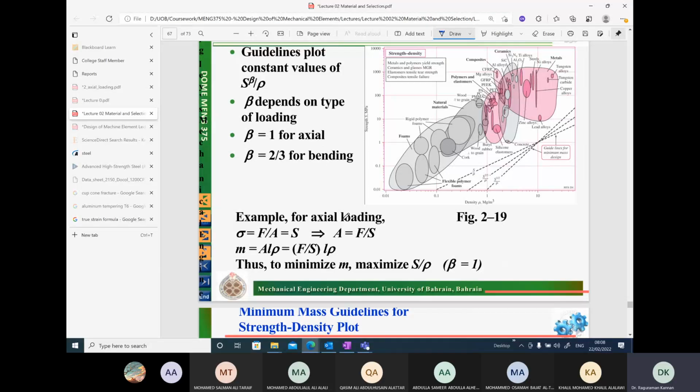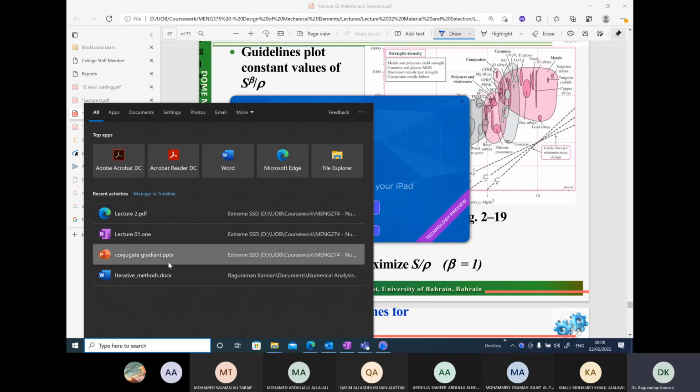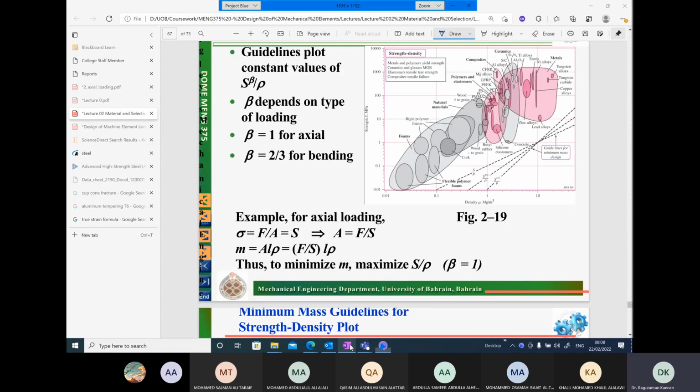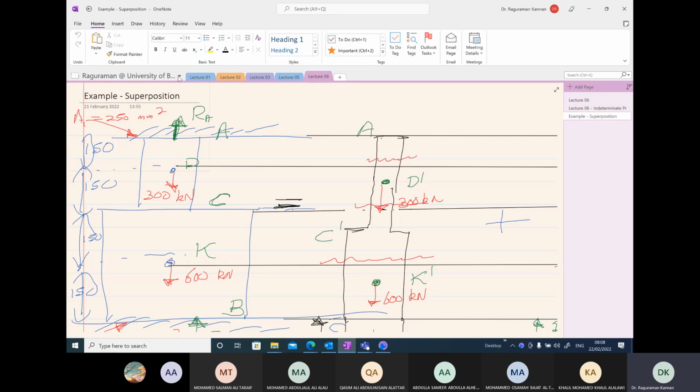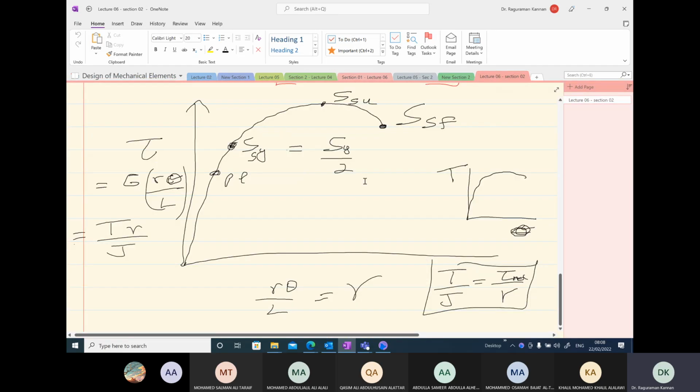So let's derive material indices with strength as the parameter. Go here and design.